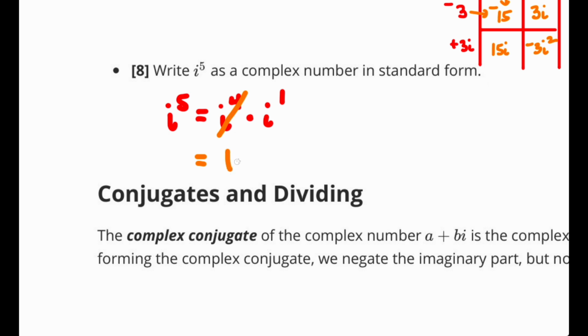So now it's just going to be 1 times i, which is equal to i. And we just simplified i to the 5th. You can do this for any case where i is the base and it's raised to some exponent. You can do i to the 342 if you really wanted. It's the same process, as anything to the 4th power or anything that's a multiple of 4 is going to be equal to 1.